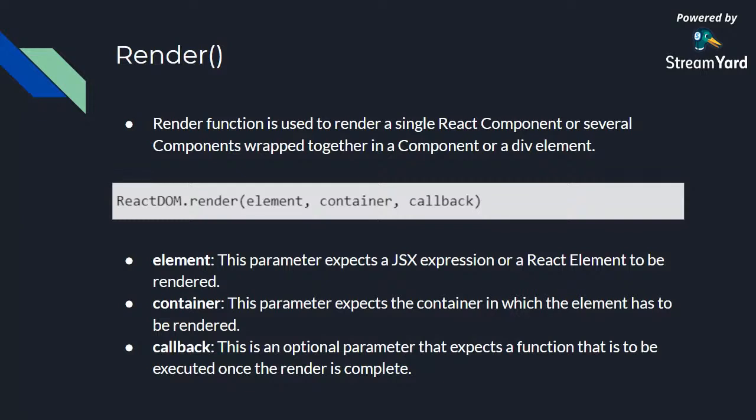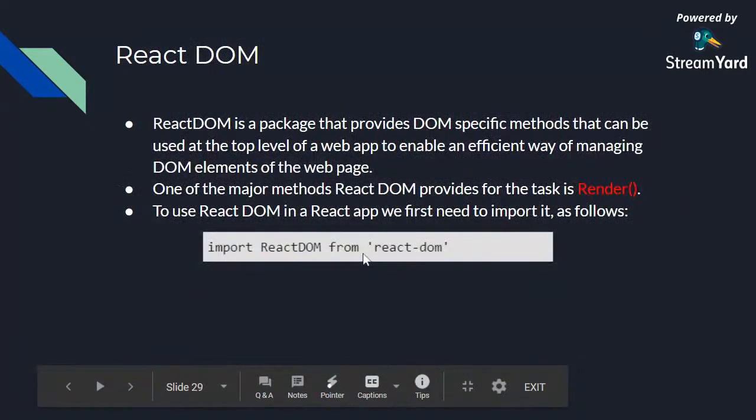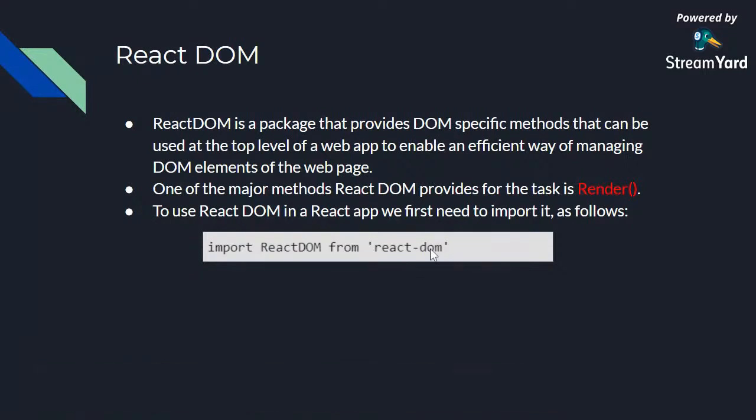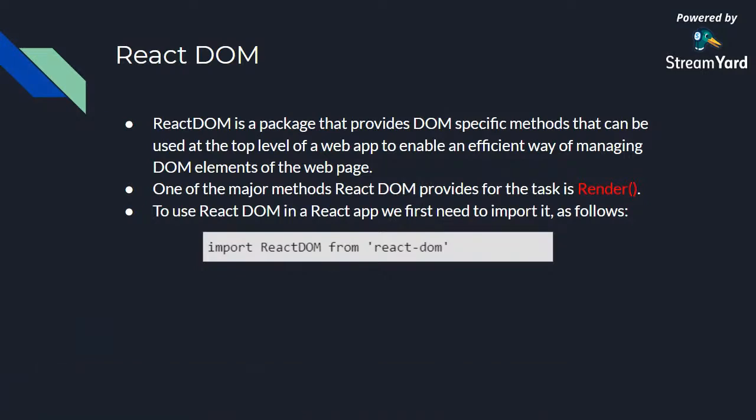Render is a function, so it will have attributes as well, right? As you can see in the previous example, we have imported the package of React DOM into this particular variable. This name can be anything you want. It can be your name as well.